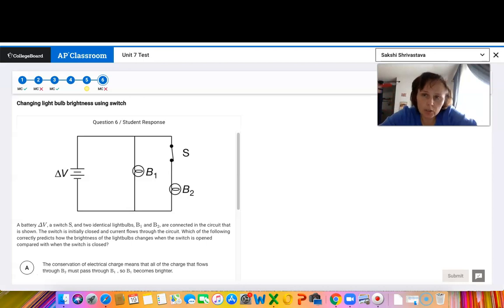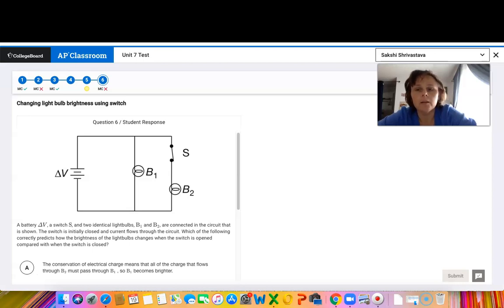This is incorrect, and the catch here is that the current in the first situation is split into 2. Yes, if you find the equivalent resistance and the power for the first situation, it is going to be 2V squared over R. However, the current that goes through bulb 1 is half of the current that goes from the battery.